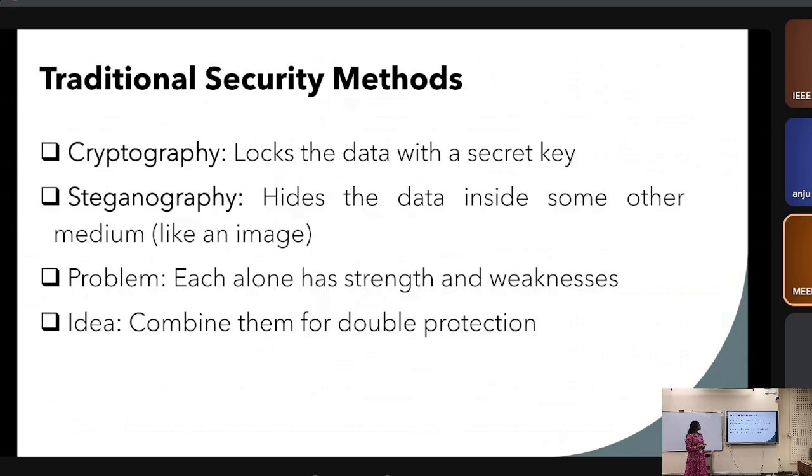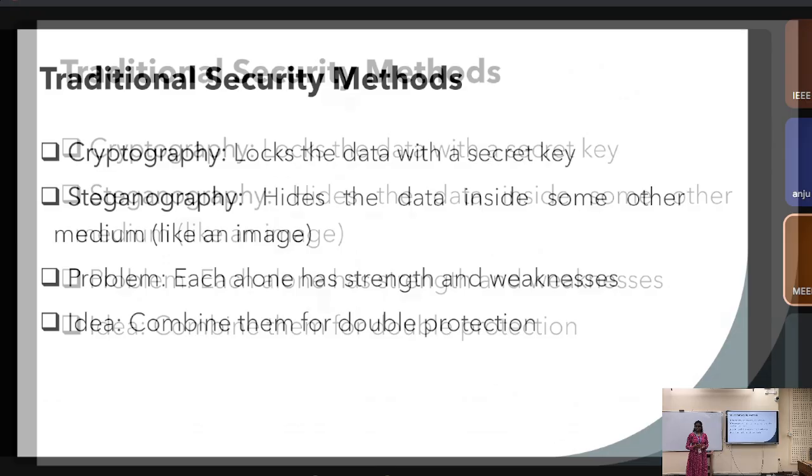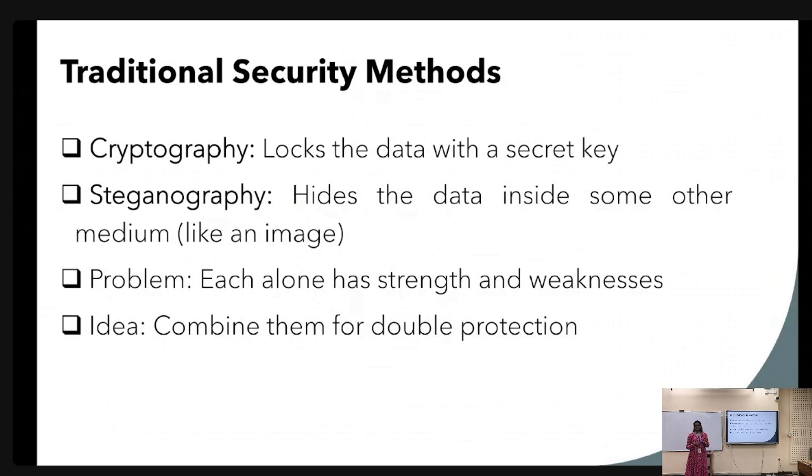We will see what traditional security methods are available. One way is encryption through cryptography methods. Cryptography locks the data with a secret key, which means whatever data you give will be changed to some other format with the use of the key and a dedicated algorithm. The second approach is steganography.